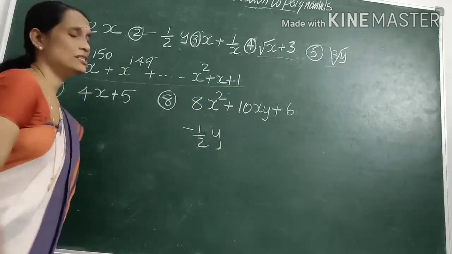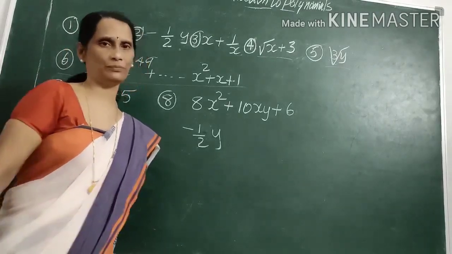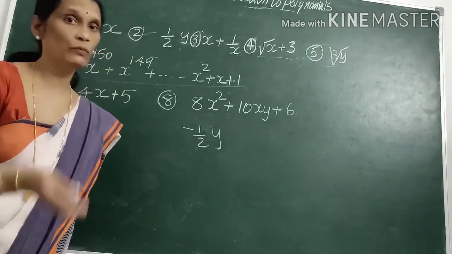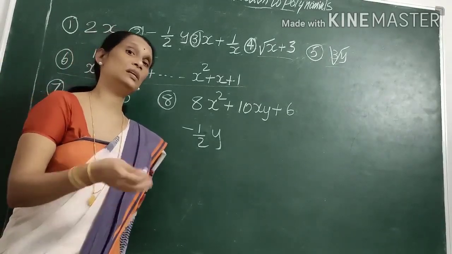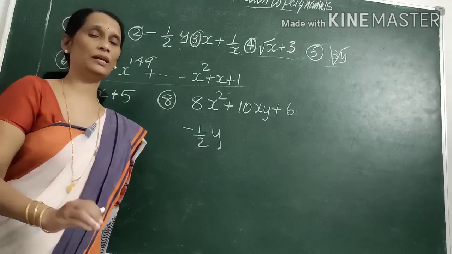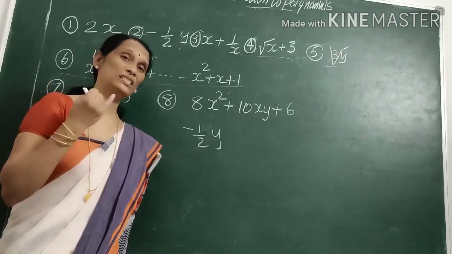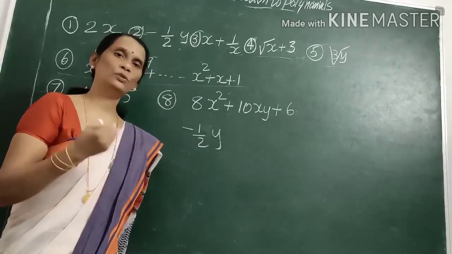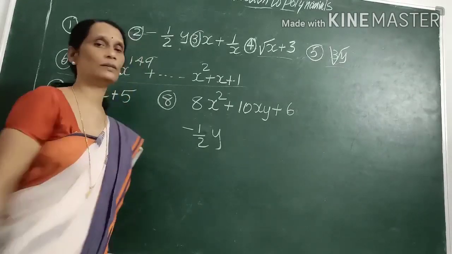Means an algebraic expression can have any number of terms. Not particular, it should be one term or two terms and so on. It can be any number of terms. It may be an expression with a single term, two terms, three terms, four terms and so on.